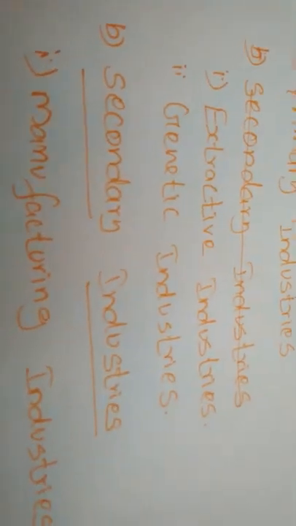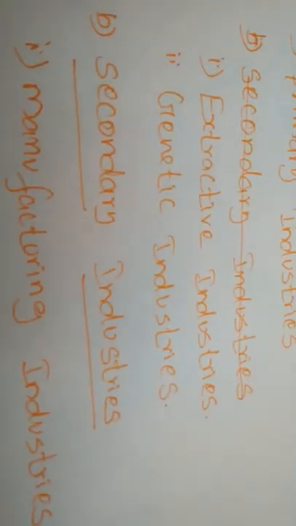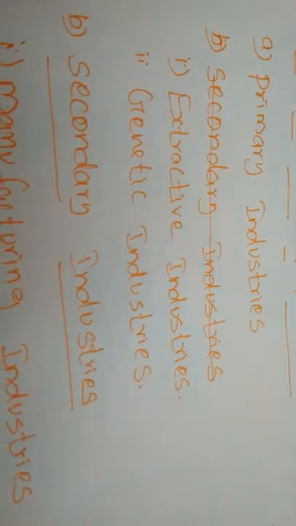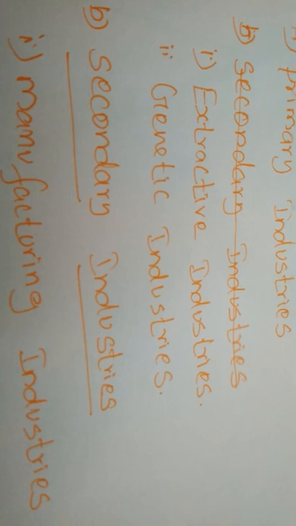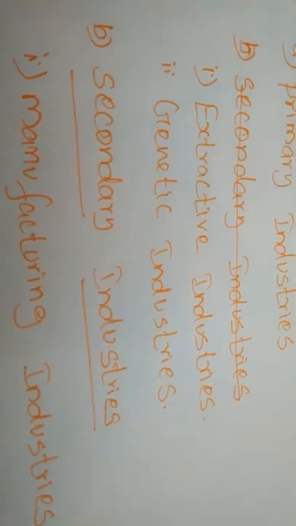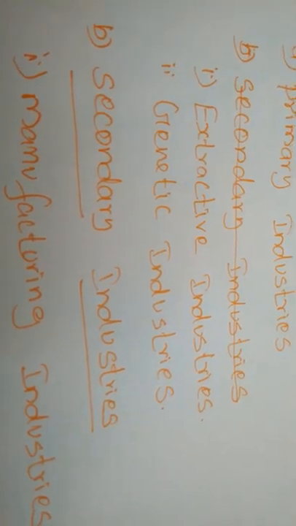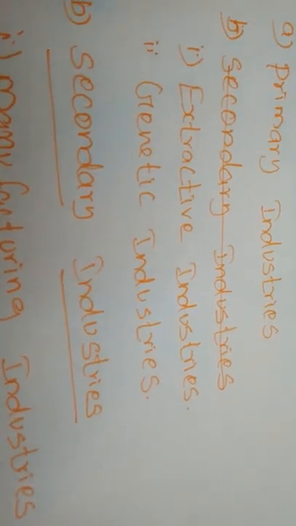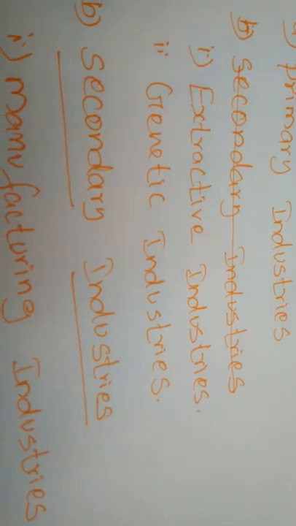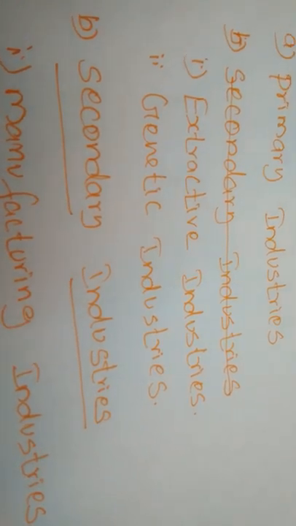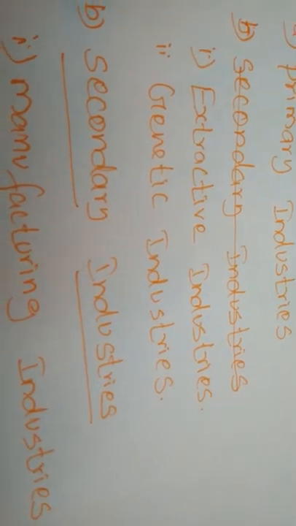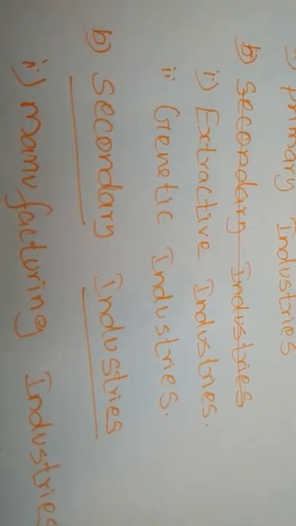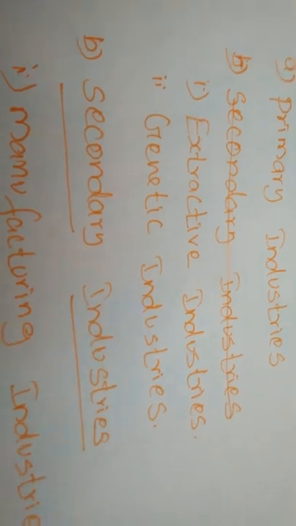Next is genetic industries. The next division of the primary industries is genetic industries. These industries remain engaged in breeding plants and animals for their use in further reproduction. Seeds, nursery companies, poultry, dairy, piggery, hatcheries, nurseries, fisheries, etc. are classic examples of genetic industries.